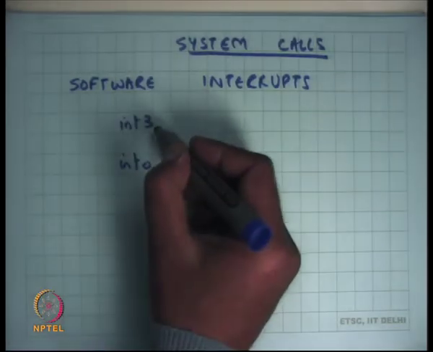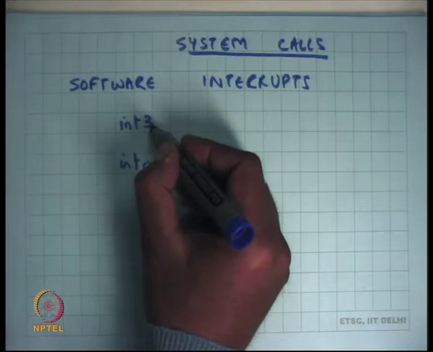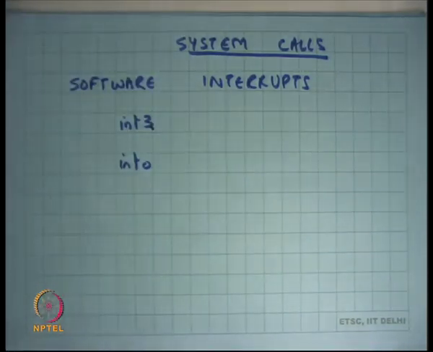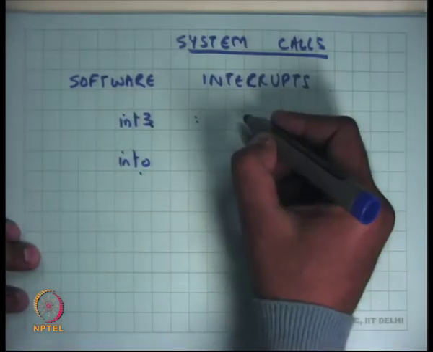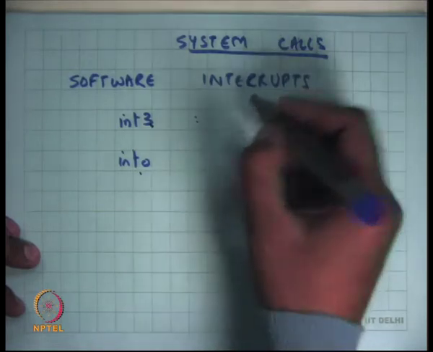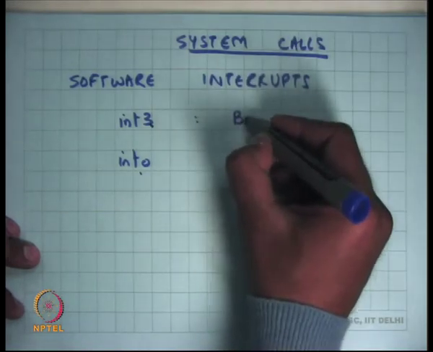The semantics is that this is going to simulate an interrupt of vector 3. And this is going to simulate an interrupt of vector whatever O stands for, overflow in this case. This is basically used for debugging. So this is the breakpoint.